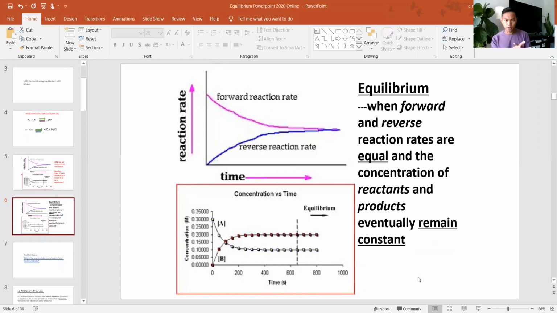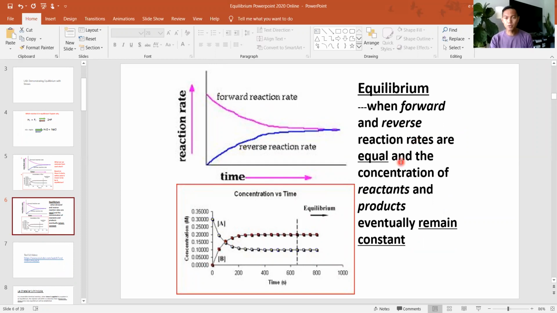Essentially, what we're seeing with these two graphs is that the definition of equilibrium has two parts. When the forward and the reverse reaction, how fast we're making the products and how fast we're recreating the reactants, are equal to each other, then we're at equilibrium.